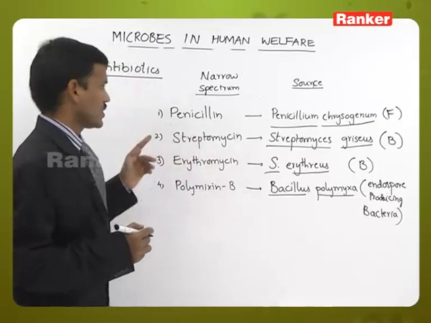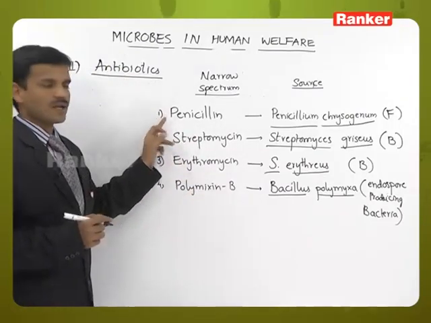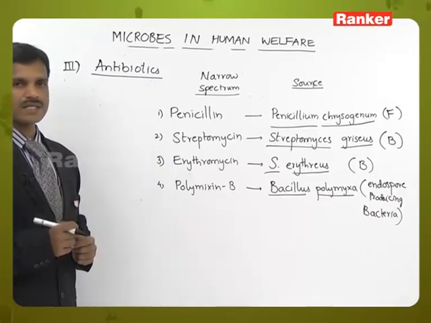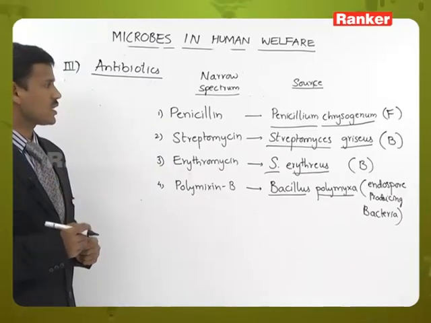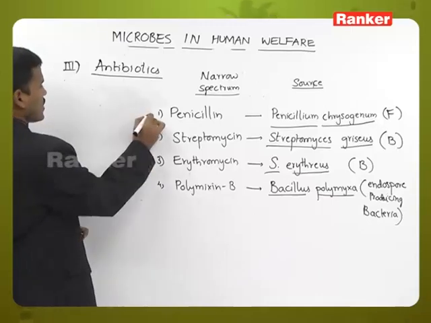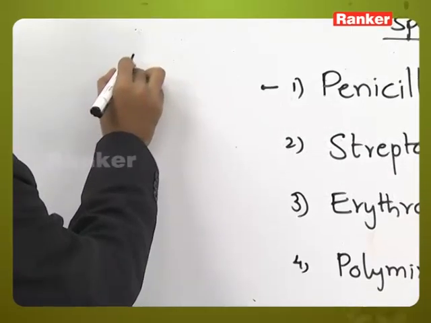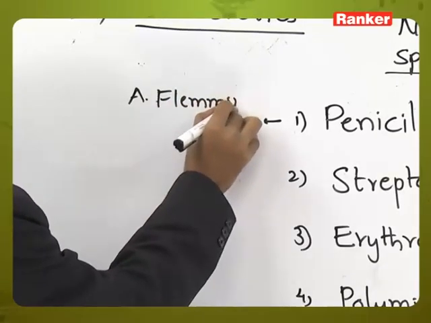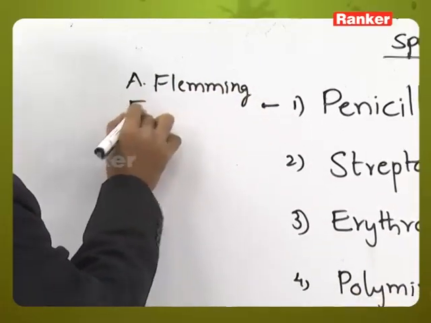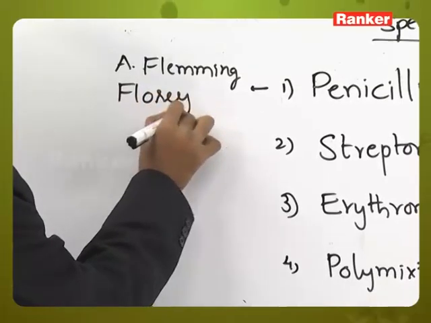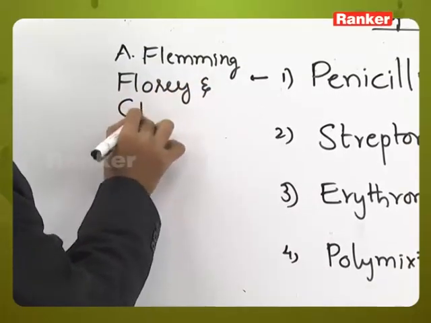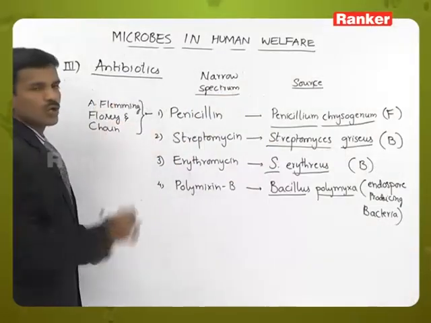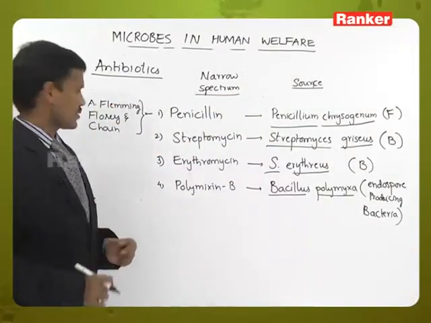For the discovery of penicillin, Alexander Fleming, Florey and Chain, these three scientists got the Nobel Prize in 1945.